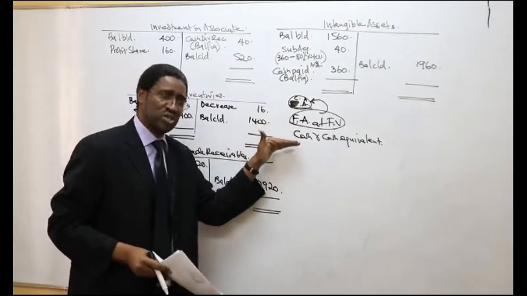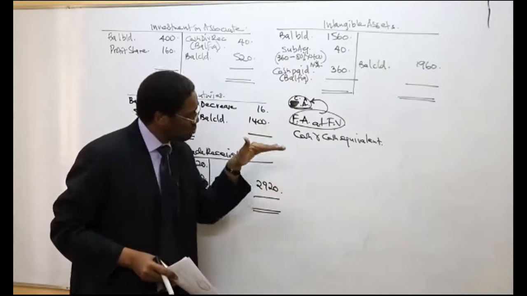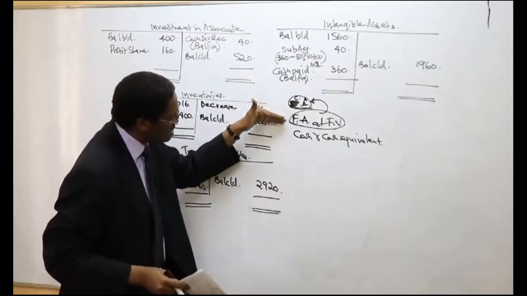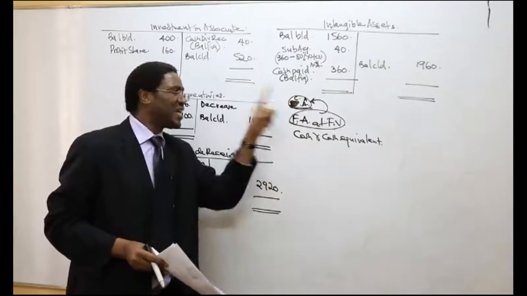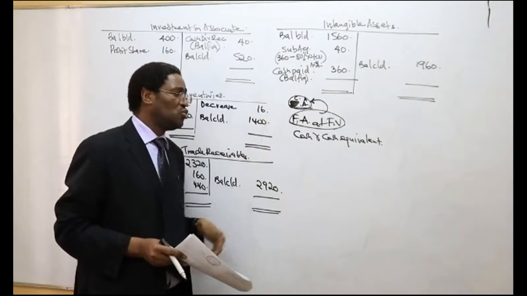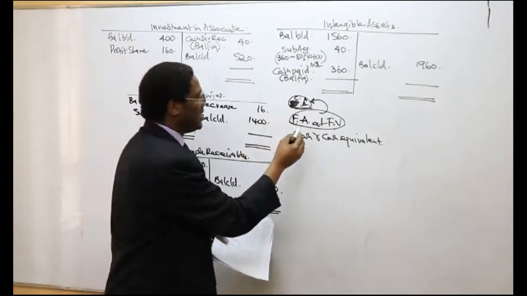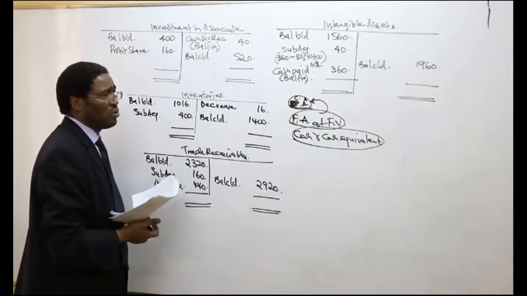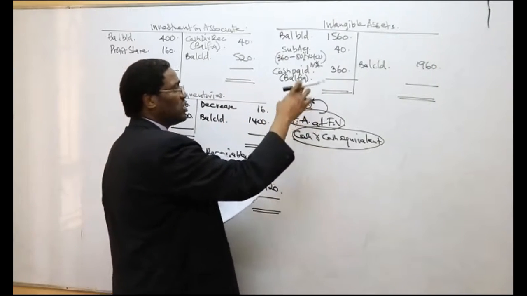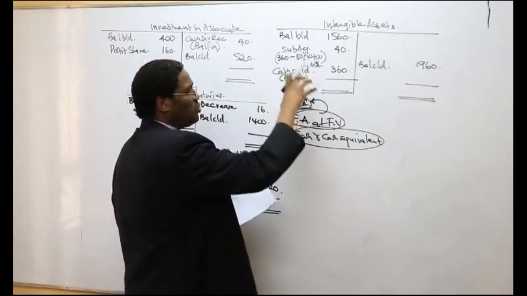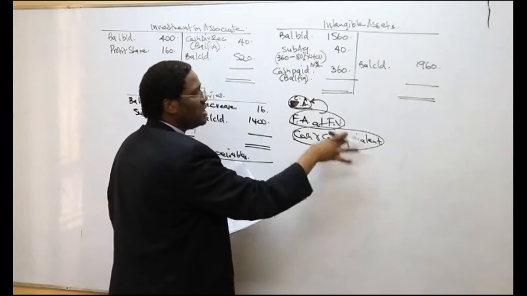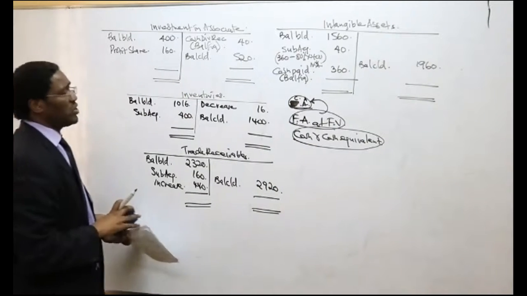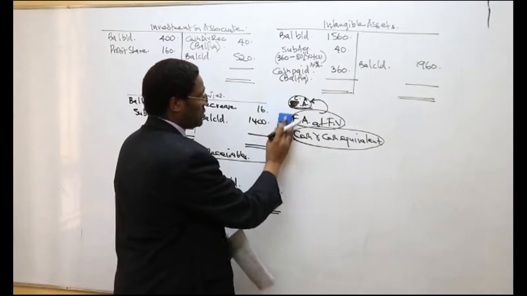So we shall leave that amount for now. We shall use it when we are preparing the cash flow statement. When we come to that part of cash and cash equivalents, we shall bring it there also. So for now, we leave it. We don't need to open the account for it.